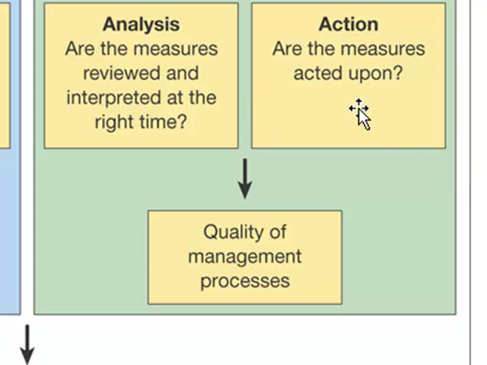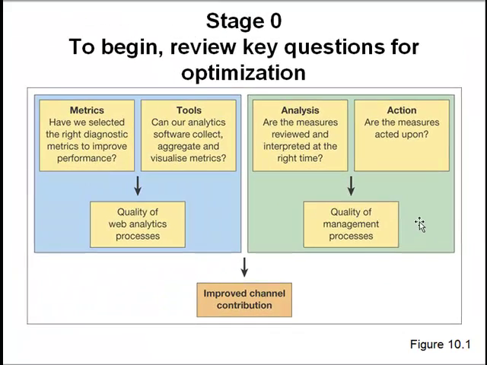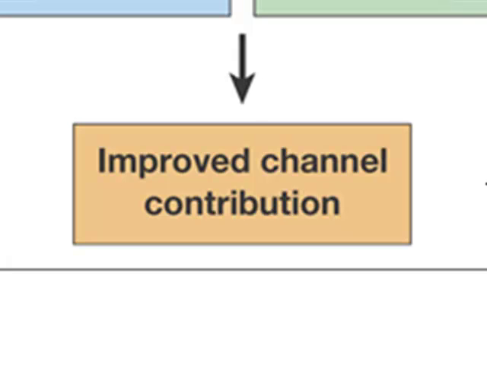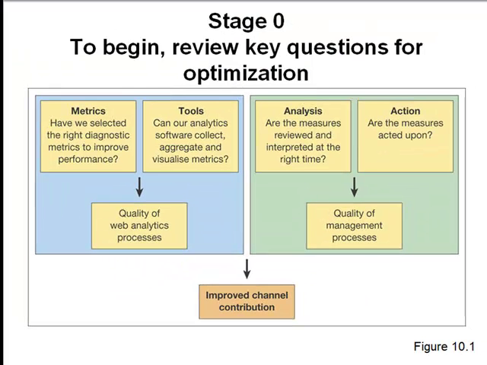Together, the analysis and the action deliver the quality of the overall process. And together, the quality of the web analytics process and the analysis and action process delivers an improved channel or overall optimization. That's where you start from an overall optimization and web analytics perspective.